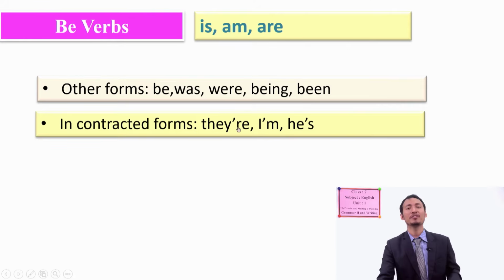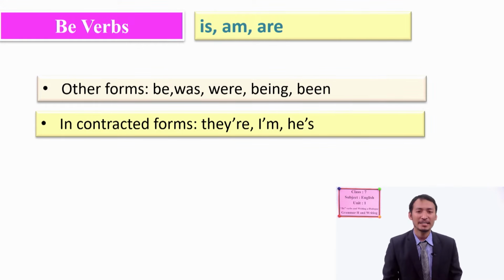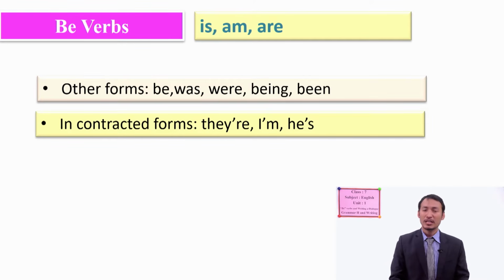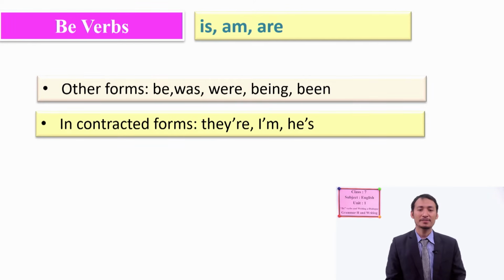And here you have to understand that they're means they are, I'm means I am, he's means he is, and they're means they are. Okay, students, these are called contracted forms, so you now have to understand them in the sentence.